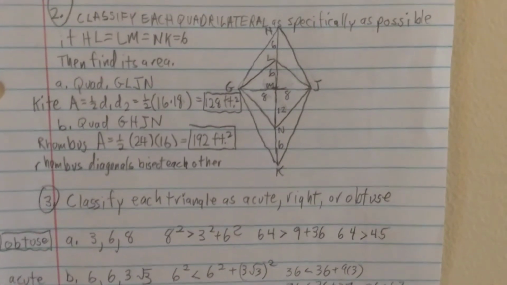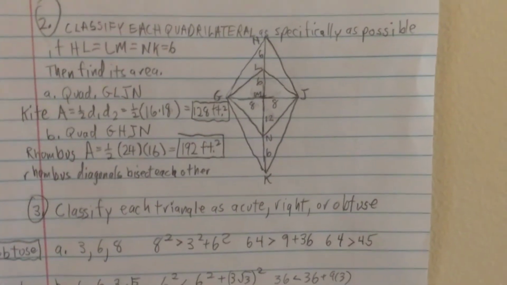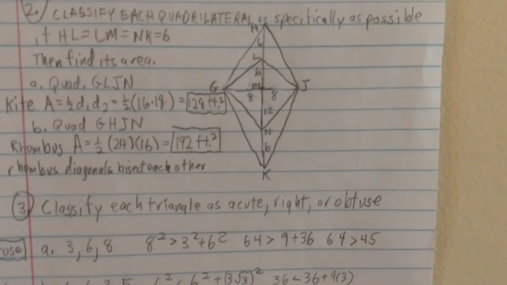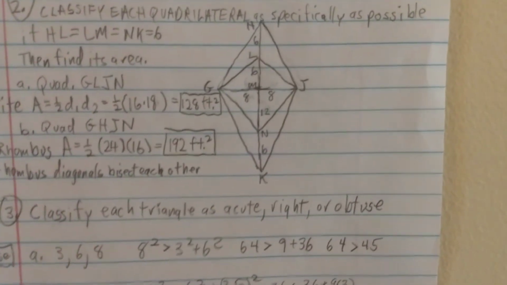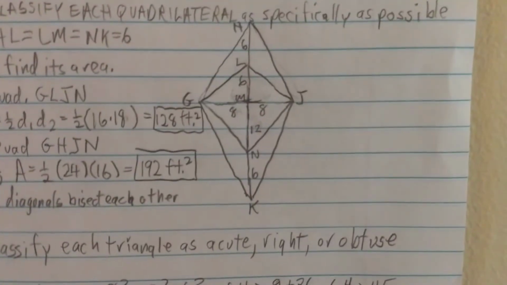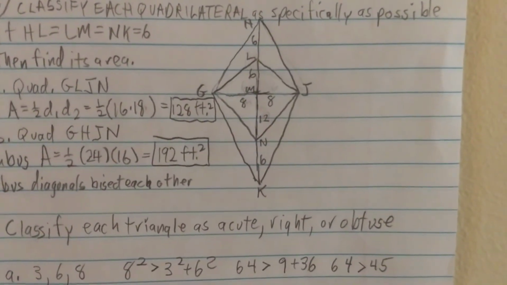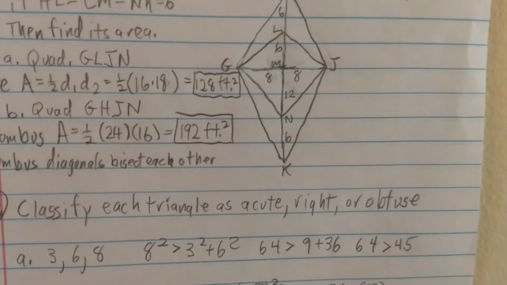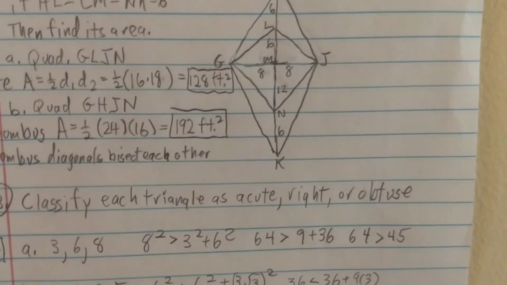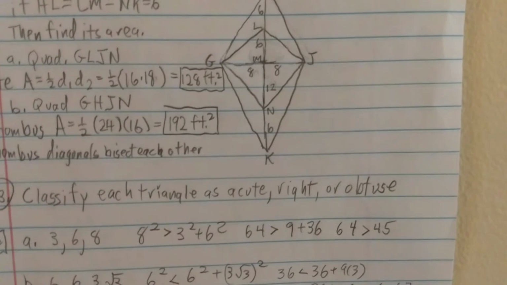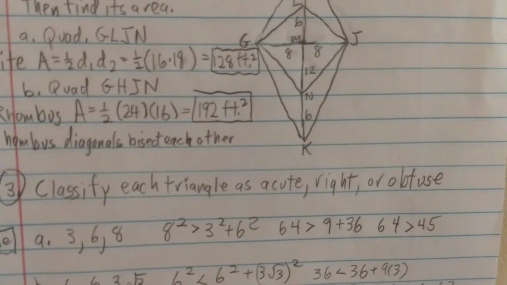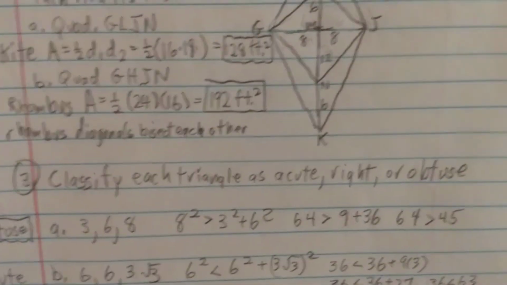And so we have 8 plus 8 is 16 for one diagonal, and 6 plus 12 is 18 for the other diagonal. So we have 16 by 18 across, and our formula for that quadrilateral is 1/2 times 16 times 18, or 128 square feet.